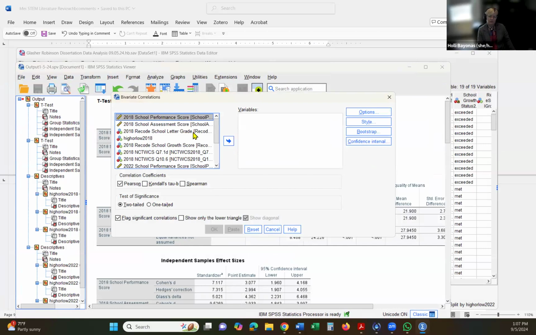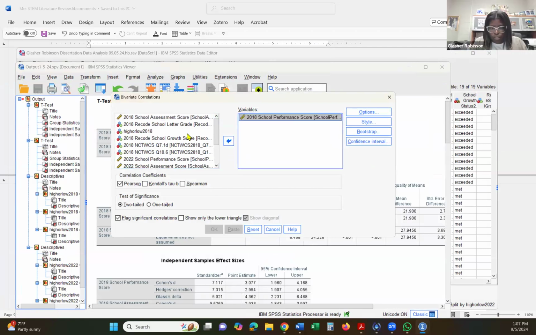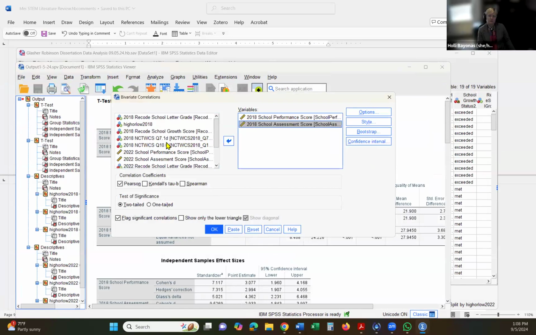So for this, both years, comparing the school leadership question to the school performance score.